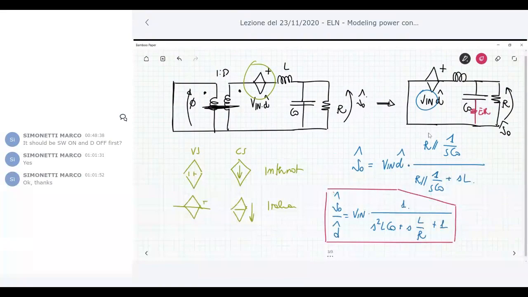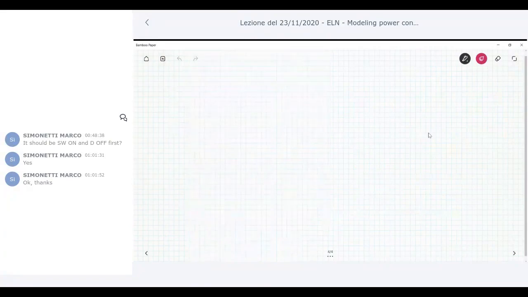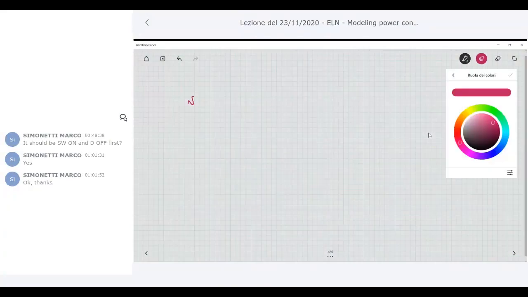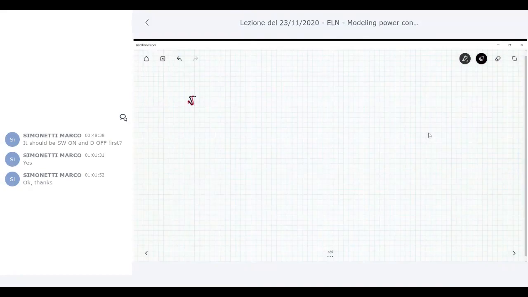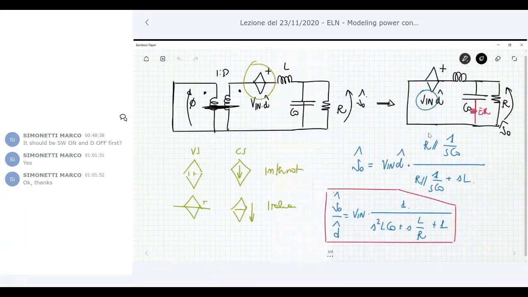Now, what happens? I put ESR here, but now I can derive in just a single step the output voltage. Because if you look at the circuit, you can say that V naught, small signal, is again V in multiplied by D, which is the source. Then we have the same partition as before, but the output capacitor C naught has an ESR in series.